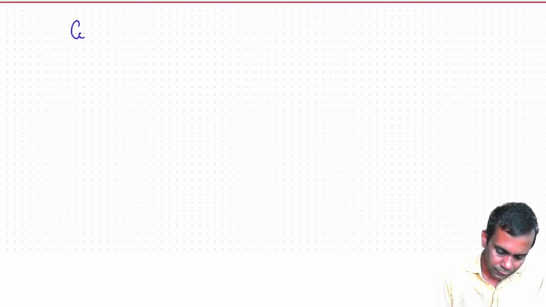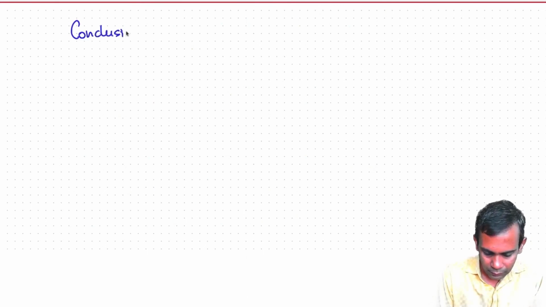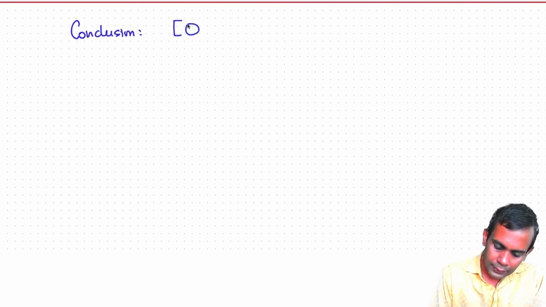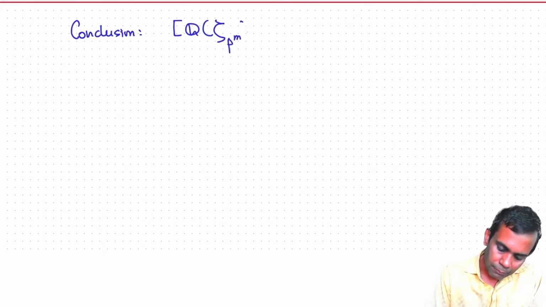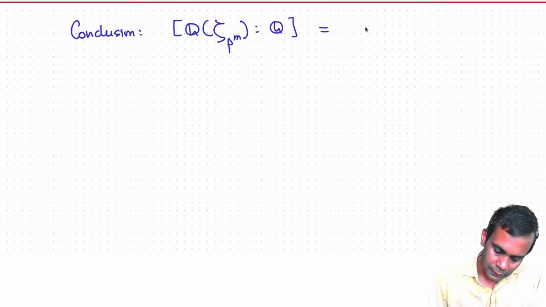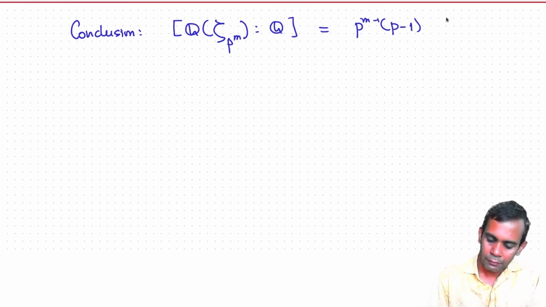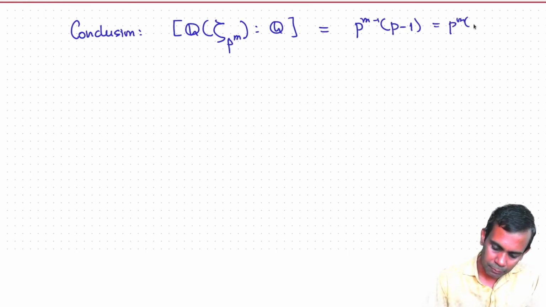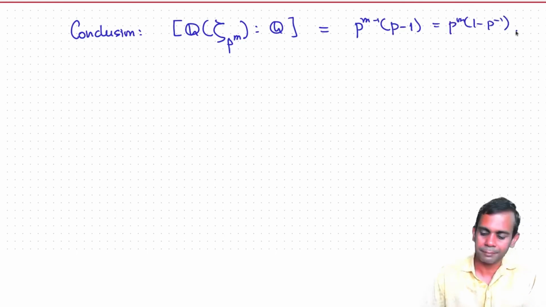So we have that the degree of the field extension generated by the p to the power mth root of unity over Q is p to the m minus 1 times p minus 1, which I like to write as p to the m times 1 minus p inverse.